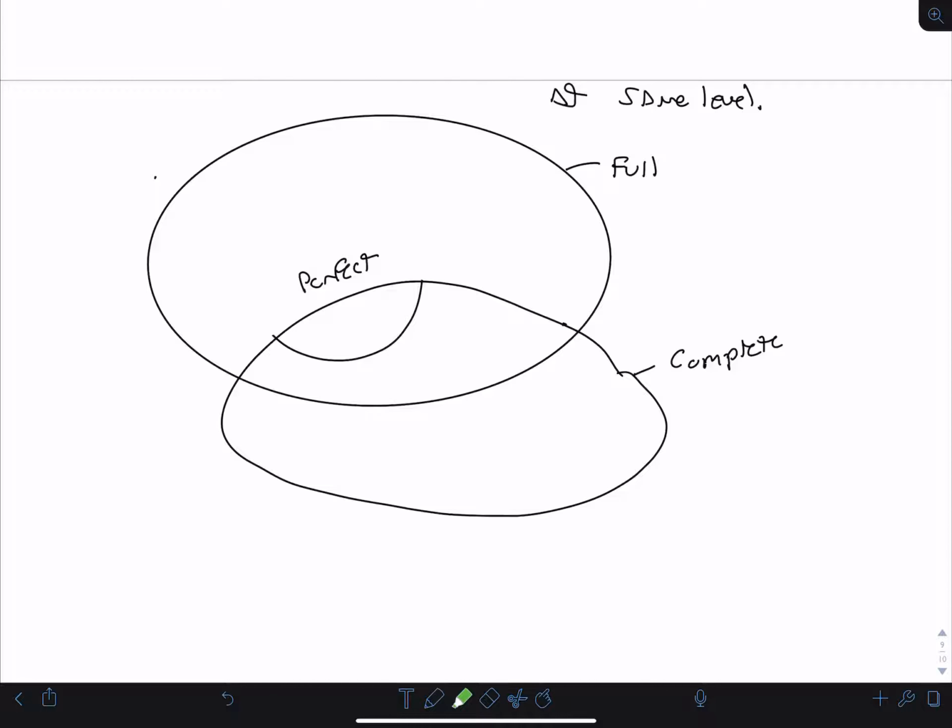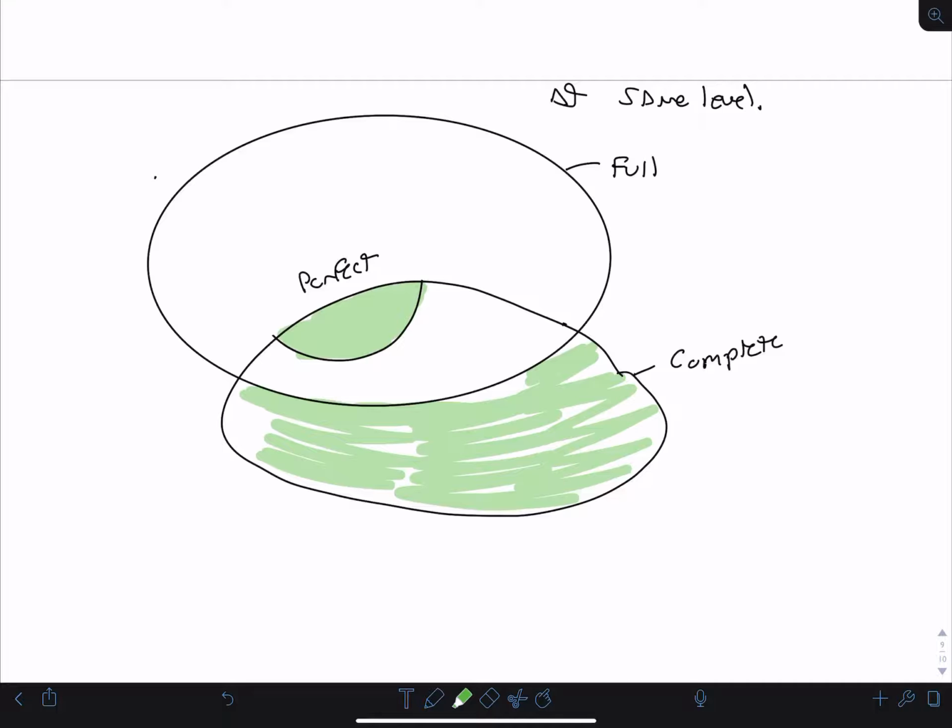And I'm going to use a different color for that. So a balanced tree is going to include all perfect trees, all complete trees as well, but not all full trees. But some of them.